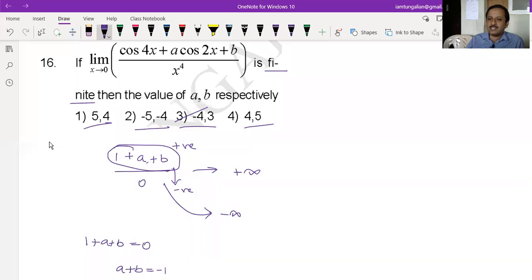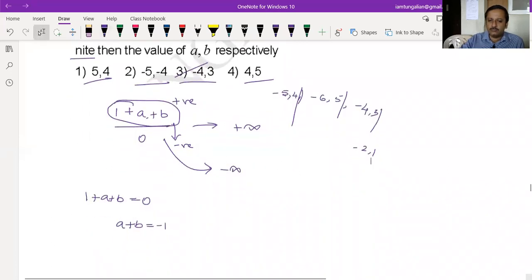Let us imagine a worst situation where the options are minus 5, 4; minus 6, 5; minus 4, 3; and minus 2, 1. In the worst scenario, all 4 options satisfy this, a plus b equal to minus 1. Then what to do? Leave that question and go to the next one.